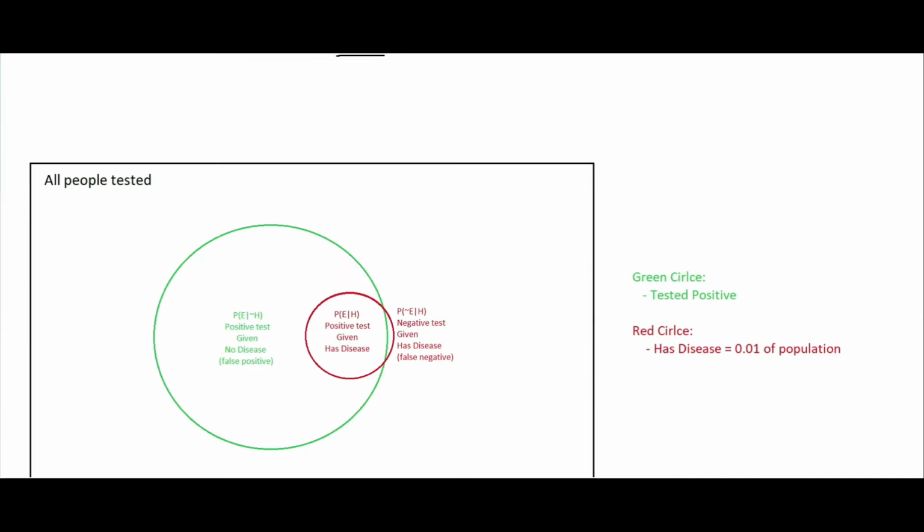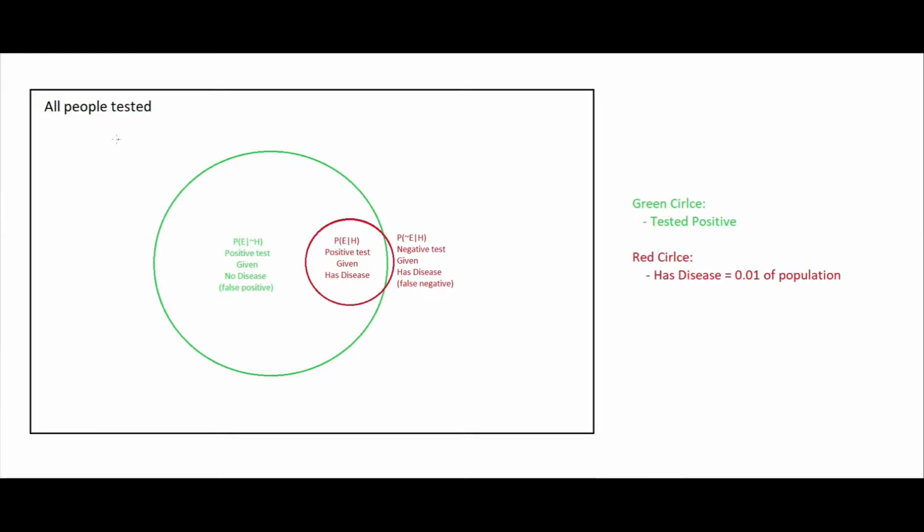So if we look at it this way, all the people tested is in this black box here. And these circles are obviously sort of large and exaggerated just so you can actually see it. So the green circle are the people who tested positive, and the red circle is the 1% of the population who actually have the disease.